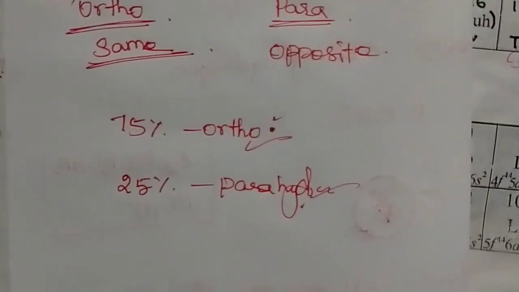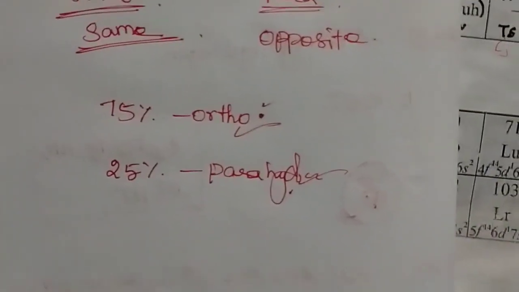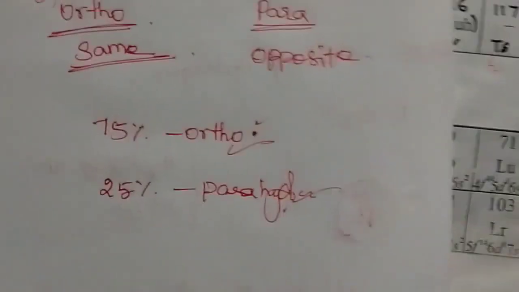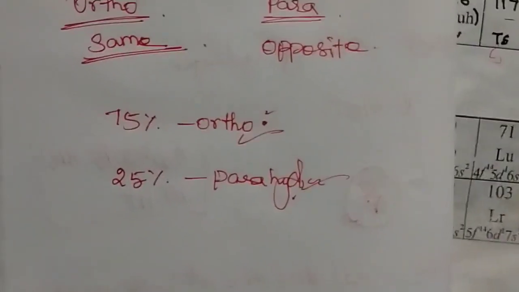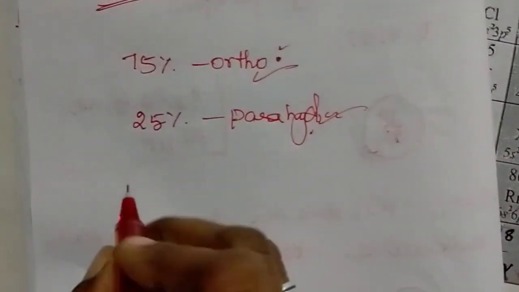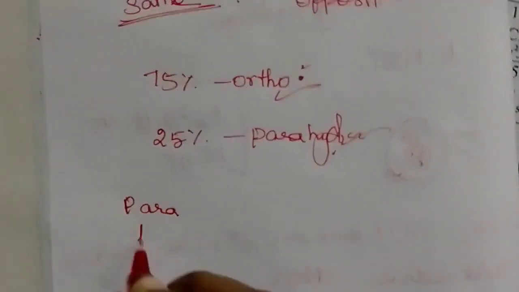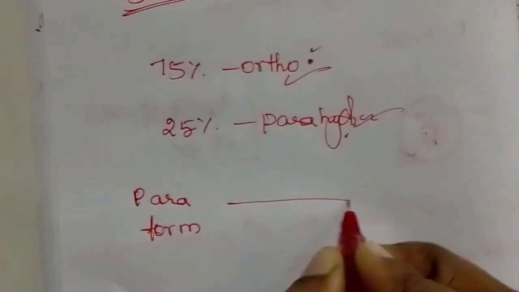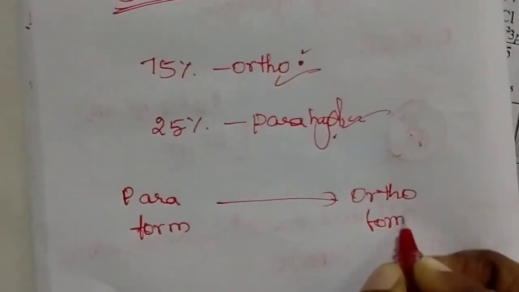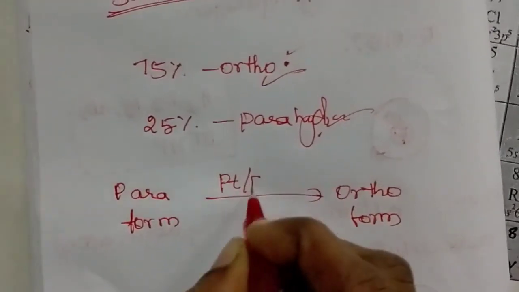Paraform can be converted into orthoform by a catalytic reaction. We use a catalyst, platinum or iron, for converting paraform into orthoform.